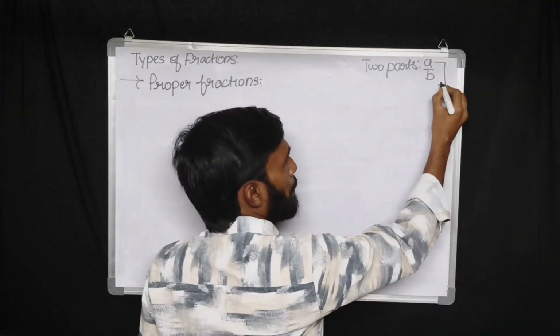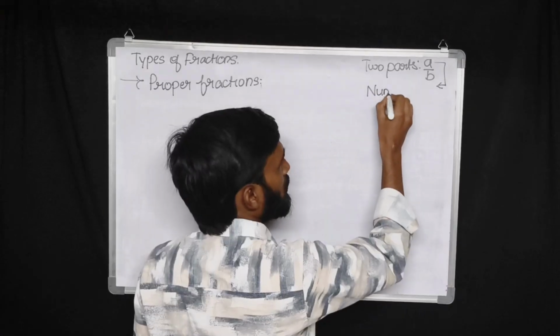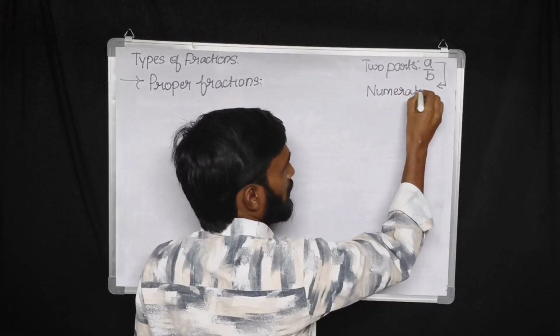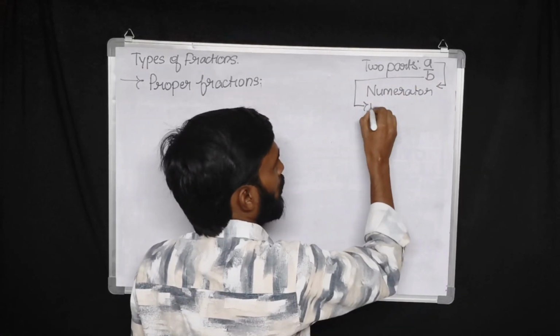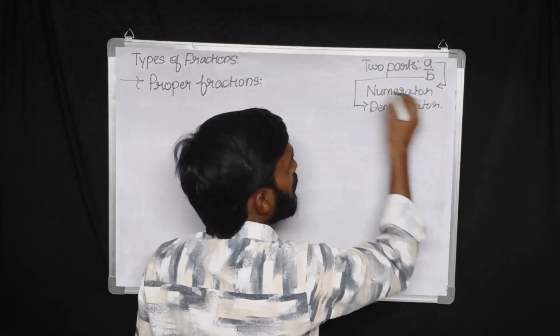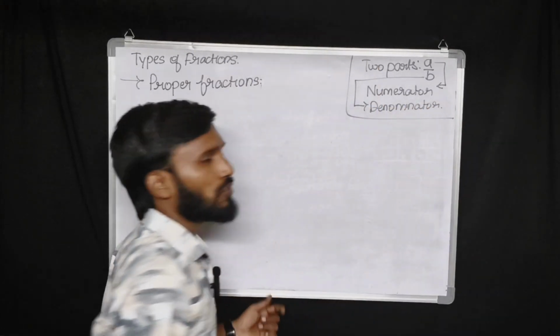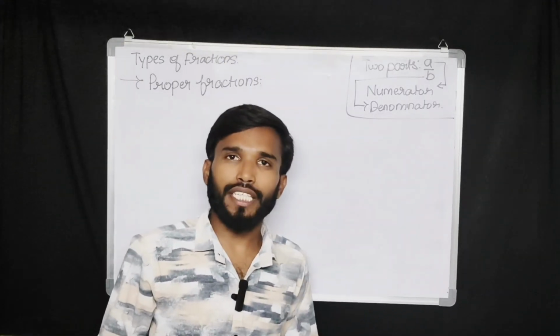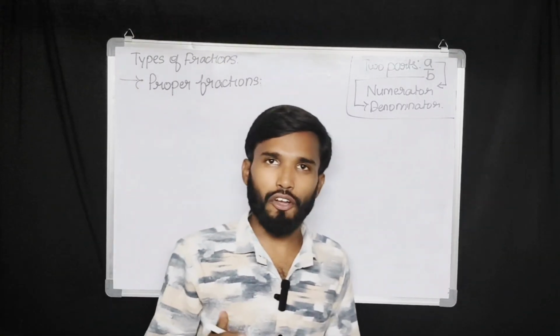So the upper one is called numerator and the lower part is called denominator. Remember this. The upper part is called numerator, the lower part is called denominator.